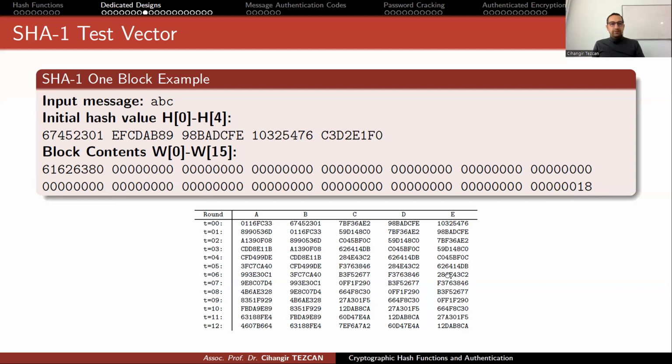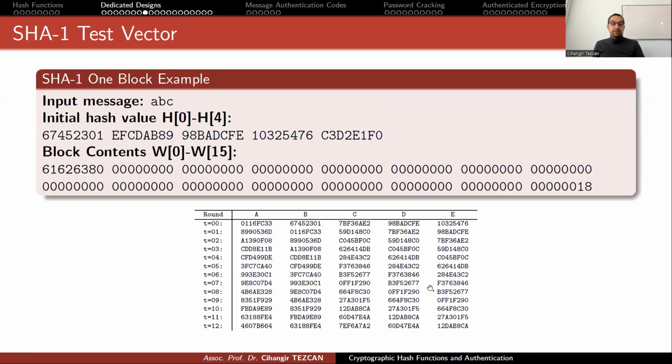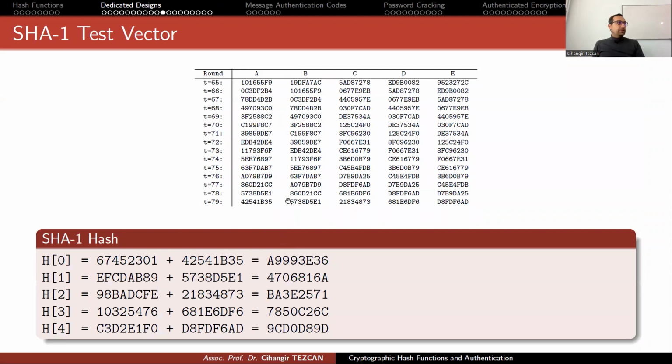Again, the IV is fixed. It is in the documentation. After every round, this ABCDE value is modified, where you are feeding your messages in, along with the counter and constants and so on. After 80 rounds, you end up with this.